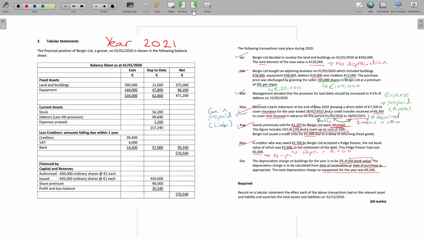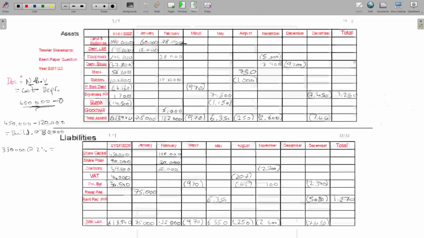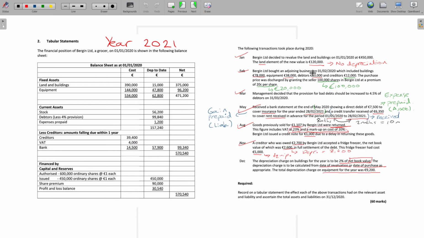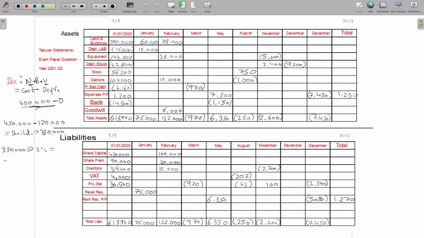So that's perfect. However, we also bought buildings on the 1st of February. So we bought an adjoining business, including building of 78,000. So you also have to account for 78,000 at 2%. Now we have to be careful here because if we purchased on the 1st of February and our policy is to, what was our policy?